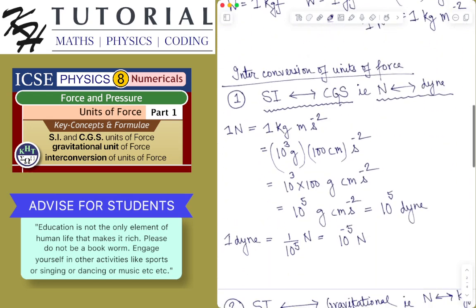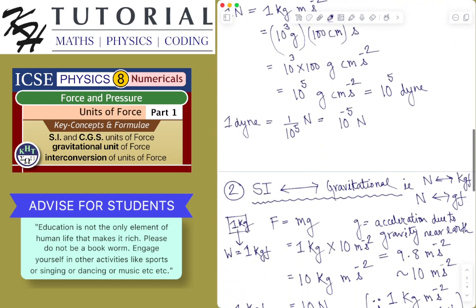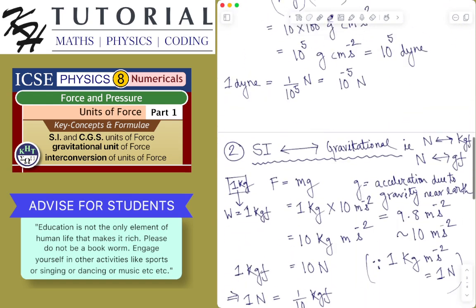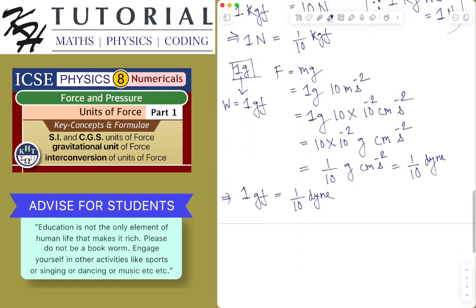So 1 dyne is 10 to the power minus 5 Newton. So this is equal to 10 to the power minus 5 divided by 10 Newton, and this is equal to 10 to the power minus 6 Newton.